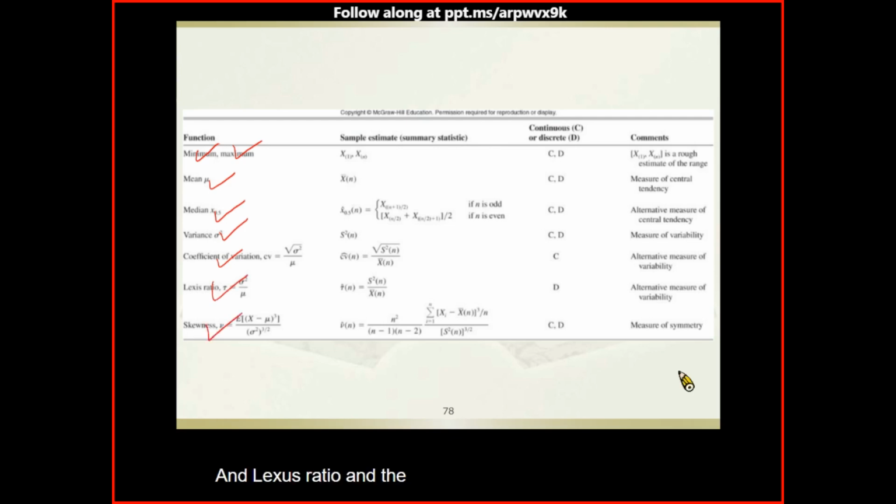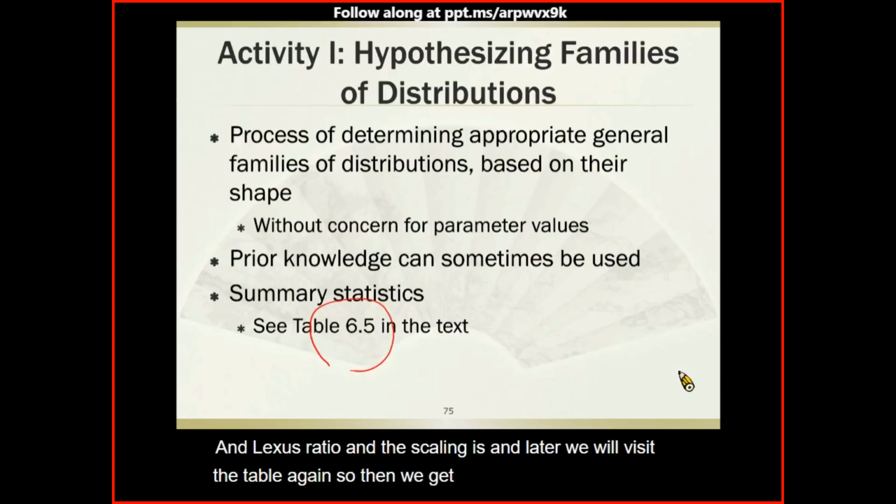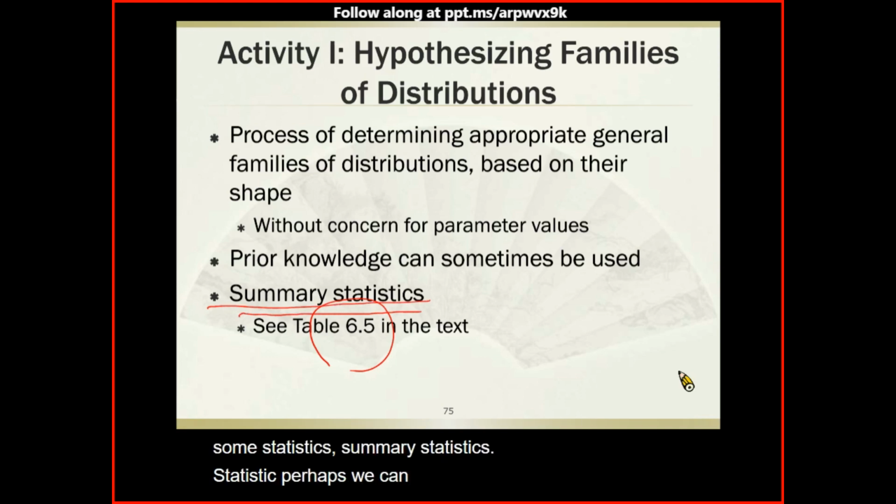And later we will visit the table again. So let me get back to this. In fact, we will have some summary statistics. Based on summary statistics, perhaps we can have some possible family of distributions.